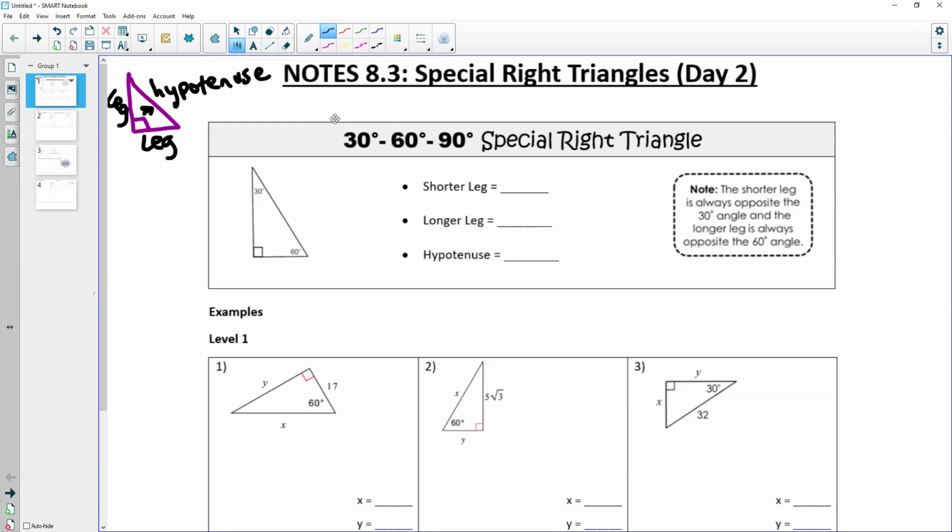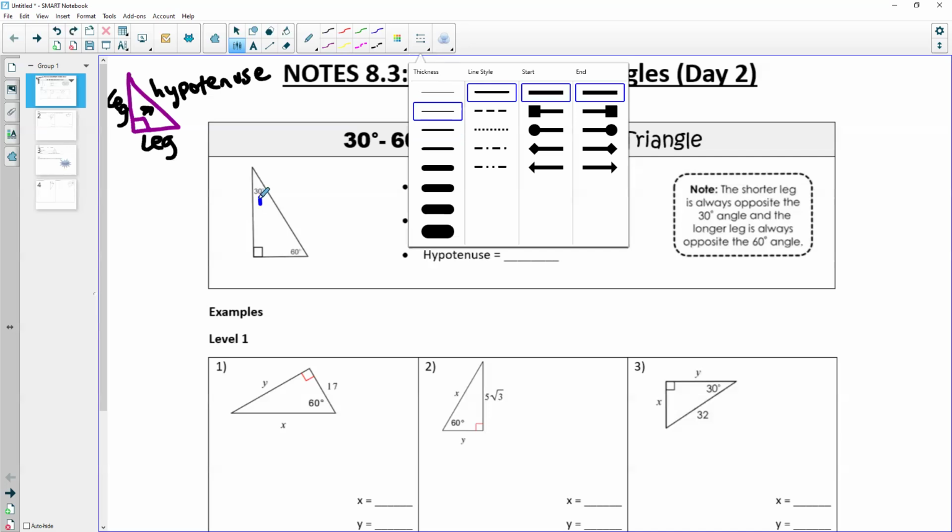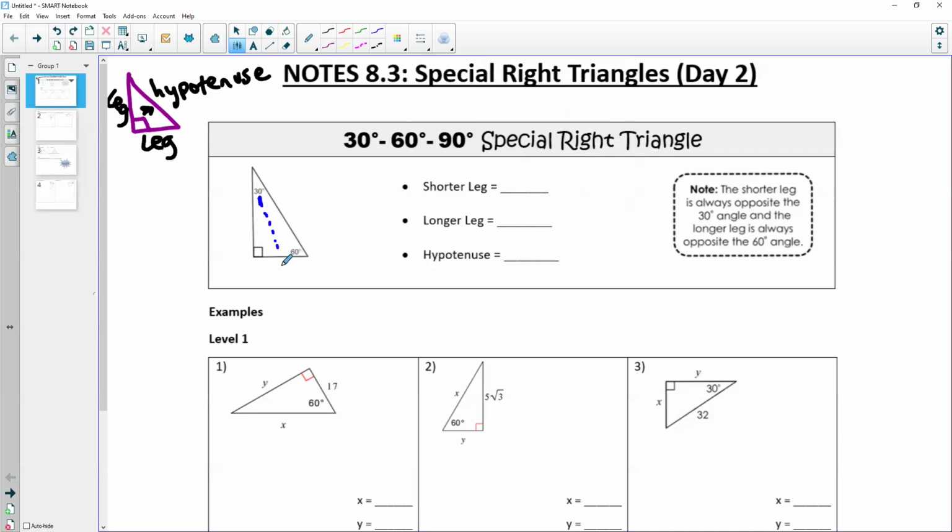So in a 30, 60, 90 special right triangle, across the 30 degrees, we have our side length represented by A. Across the 60 degrees, this will be whatever that side length A is, multiplied by the square root of 3.